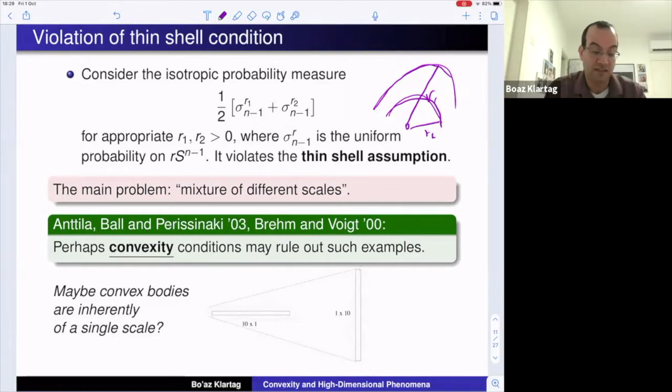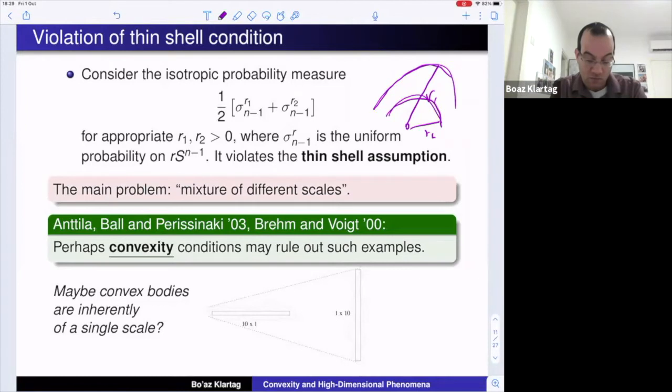So this is one way to violate the thin shell condition. And as you could see, the main problem in this example, in the sense that you don't see these Gaussian marginals, is that you have a mixture of two distributions that have not so much to do with each other. You have this mixture of different scales.